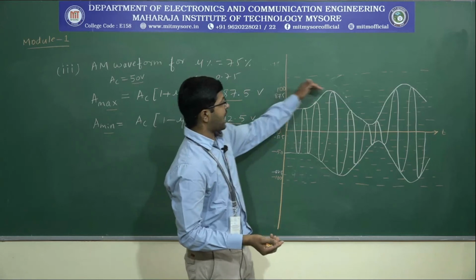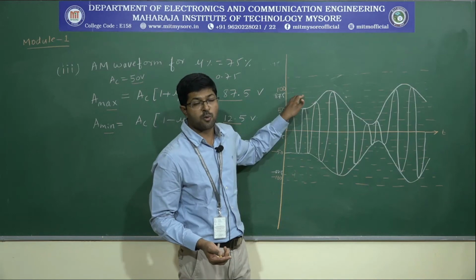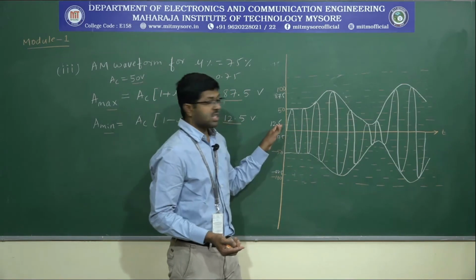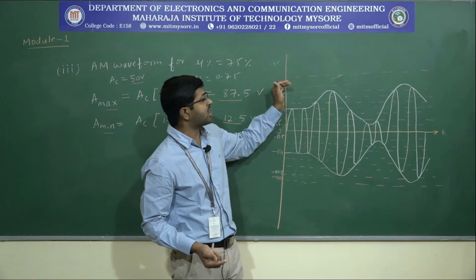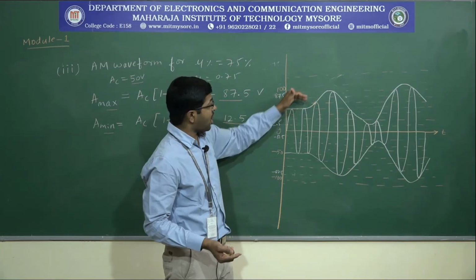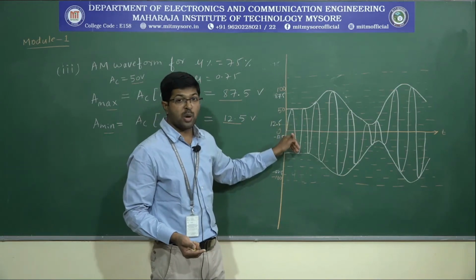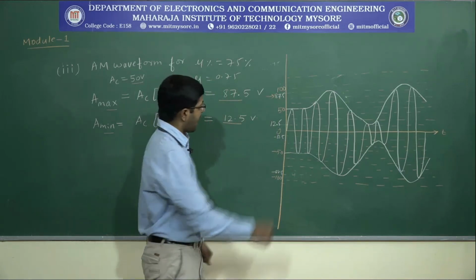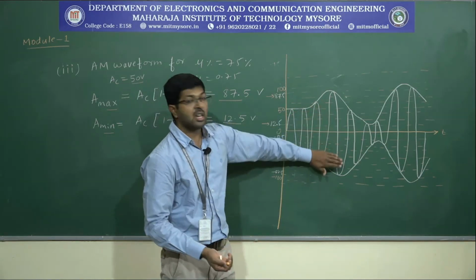So you can see the envelope is our message signal, which is of low frequency, 1 Hertz, and this signal is the carrier signal with 50 Hertz frequency. It is not to scale, but what we need to understand is that the lower frequency signal acting as an envelope is the message signal. In accordance with the message signal's instantaneous values, our carrier signal is varying. Its maximum value Amax is 87.5 and minimum is 12.5, and the wave is symmetric about the x-axis, or the time axis.